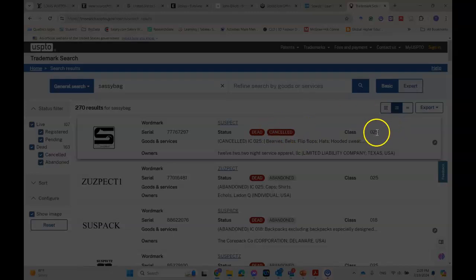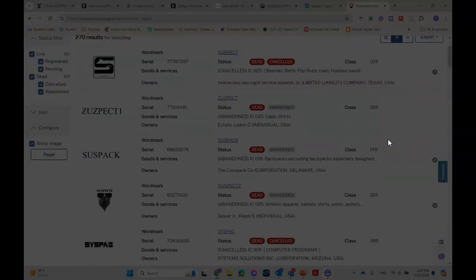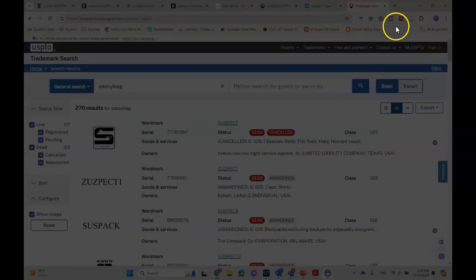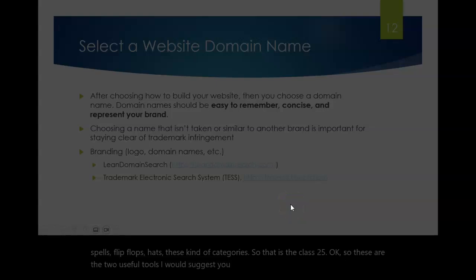The class here indicates the goods and services it was registered under, so they are using this word mark on beanies, belts, flip-flops, hats, these kinds of categories. So that is class 25. Okay. So these are the two useful tools I would suggest you look into.